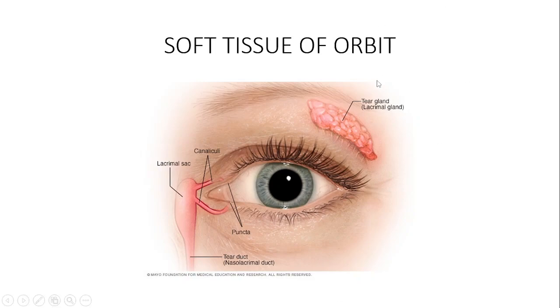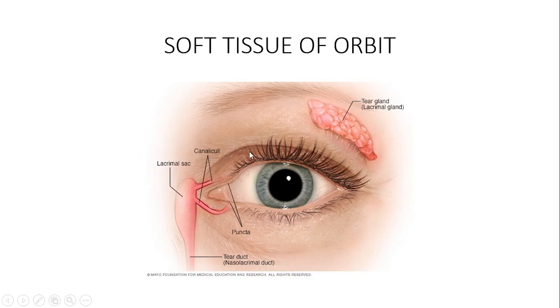So let's take advantage of this picture to learn about certain characteristics of the eyelashes. Okay, we have the upper eyelashes and then the lower eyelashes. The upper eyelashes are more numerous and more pigmented as opposed to the lower eyelashes, which are less in number and less pigmented.